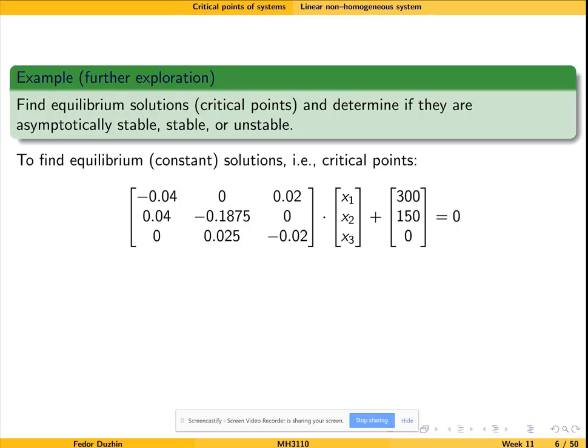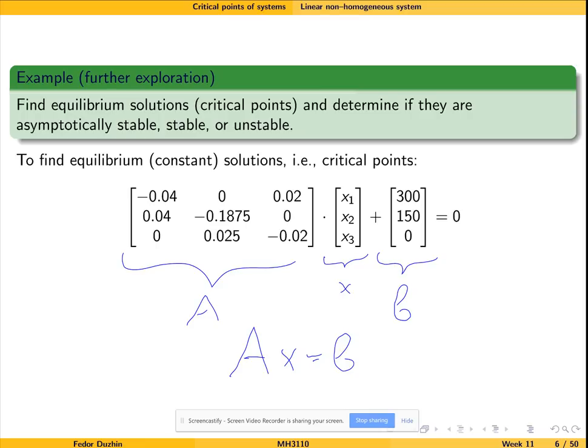In this case, there are three variables, and by doing this, we are going to get a system of linear equations. Suppose that this is the vector that I'm going to denote by b, and if this is x, and the matrix of the system is A, then in the matrix form, the linear system of equations is Ax equals minus b, because it is Ax plus b equals 0, so I move b to the right hand side.